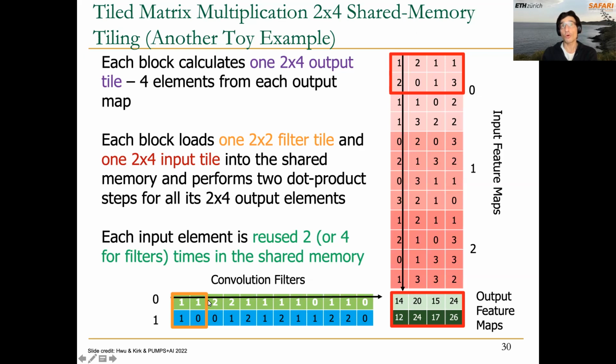And it's 4 times for the elements of the filters, because these 2 elements are going to be used to calculate this 14, this 20, this 15, and this 24. So there is more reuse in the case of the filters. So the size and the dimensions of the tiles determine how much reuse there's going to be.